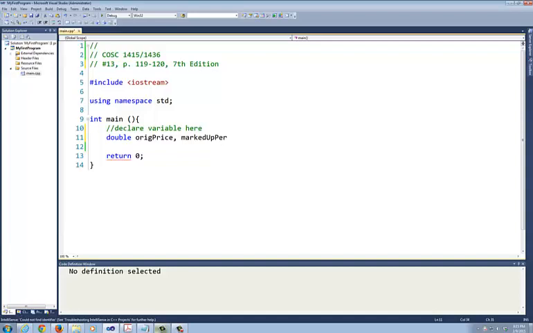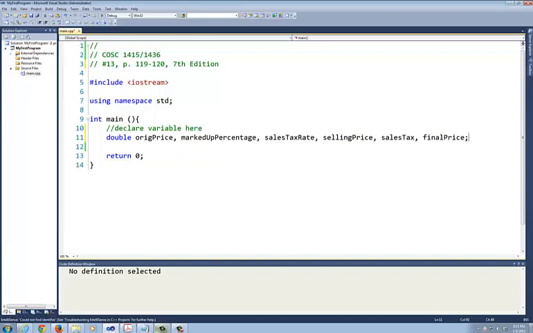The third one is the sales tax rate. The next one is the selling price, and then the sales tax, and of course your final price that you would actually sell this for.